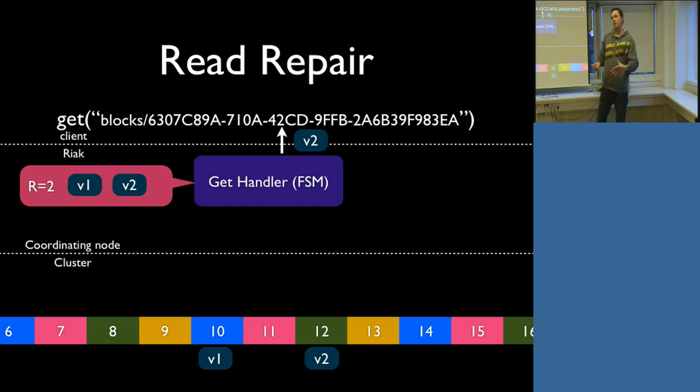Riak and Dynamo are eventually consistent databases, not immediately consistent or strictly consistent. That's a scary word. But eventual doesn't mean when we get around to it or we may never get around to it. It means that as soon as it's possible to get around to it, we do it, except we just don't stop the world if we can't do it at a certain time.